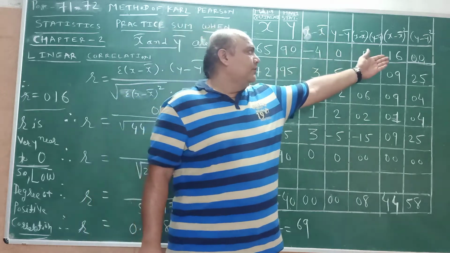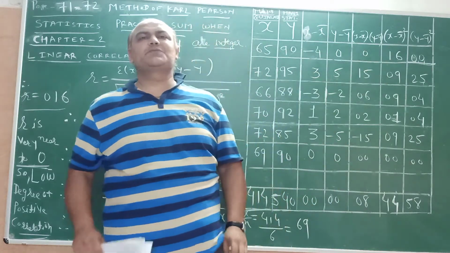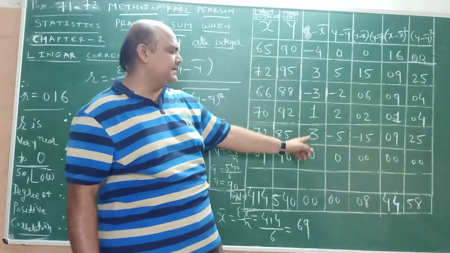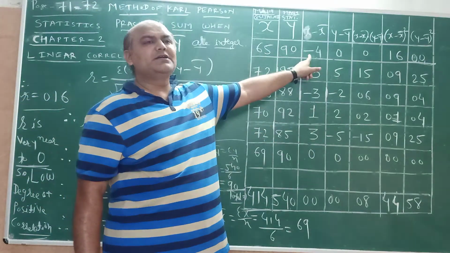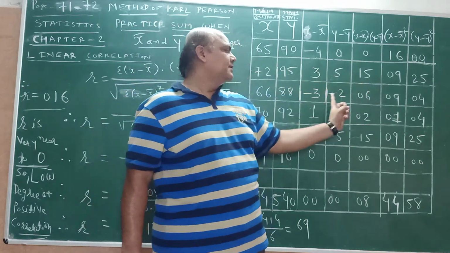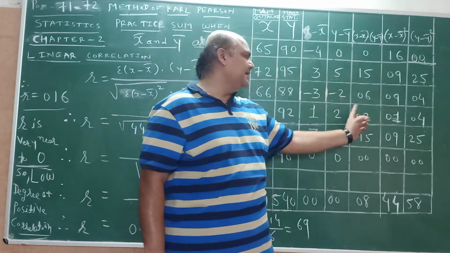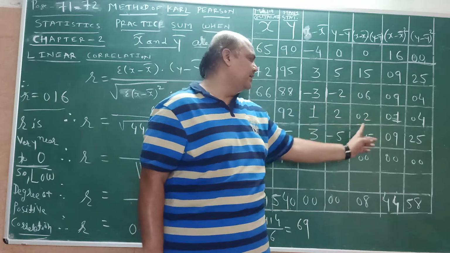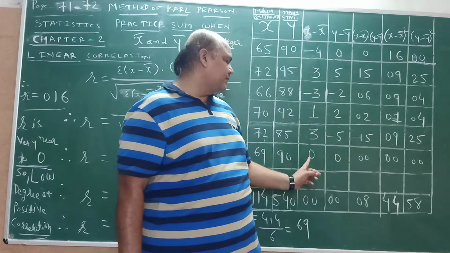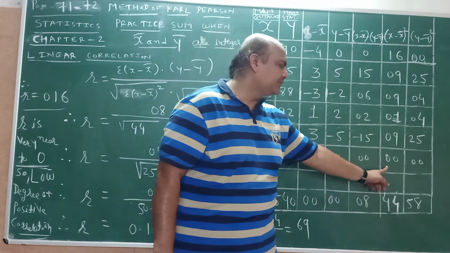Additional fourth column is x minus x bar square, square of the column of x minus x bar. Square of minus 4 is 16, square of 3 is 9, square of minus 3 is 9, square of 1 is 1, square of 3 is 9, and square of 0 is 0.